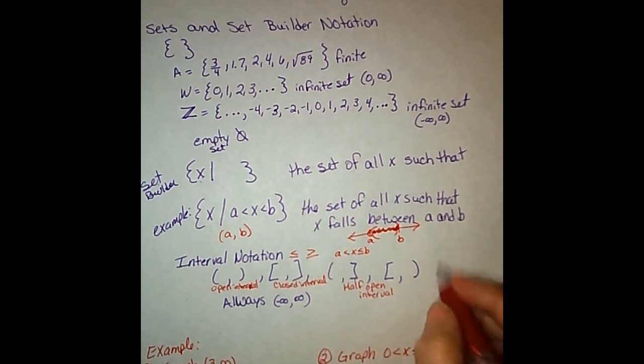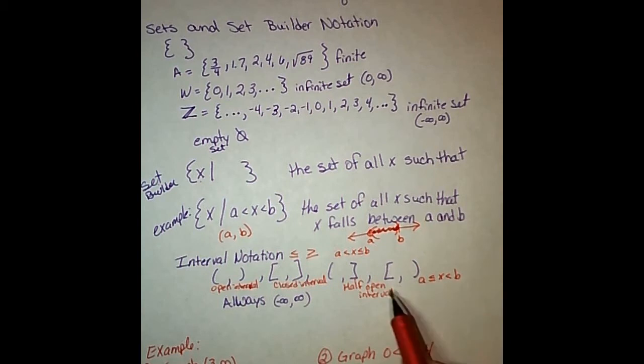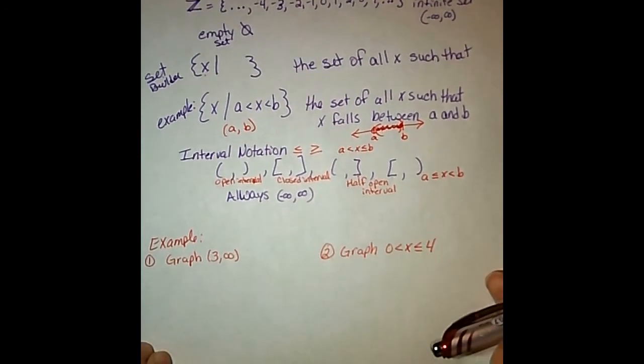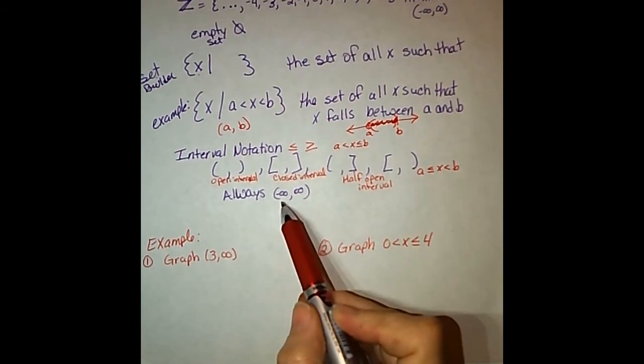This one here is another half open, so let's use A is less than or equal to X, where X is less than B, then it's closed at A and open at B. So it's important that you understand how to do the interval notations. So there's one rule that always applies, guys, and that is infinities, I apologize.